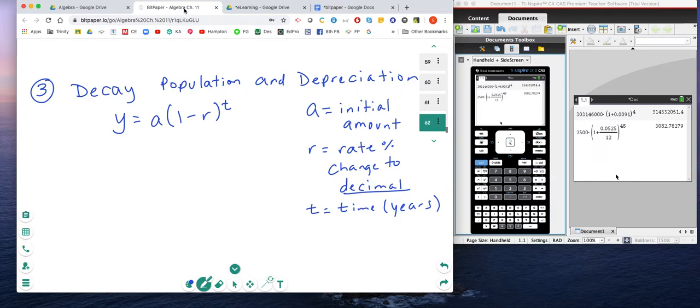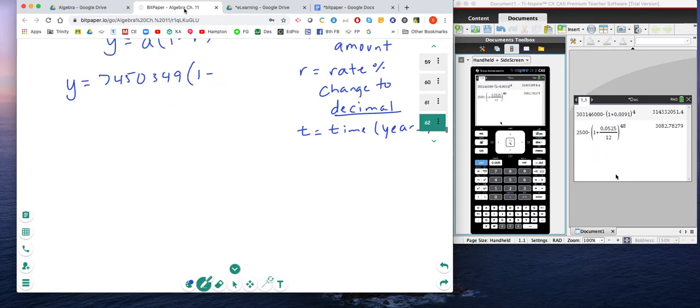It's going to be y is equal to 7,450,349 times 1 minus. Again, we're going to do our DRP chart.